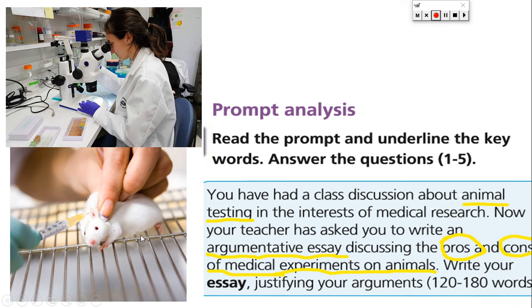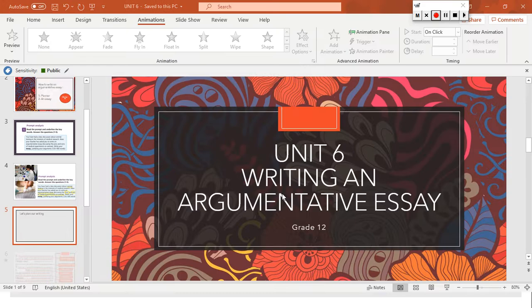As the picture shows, this is how to do experiments on animals for the medical research. Okay, so let's plan our writing. This is the most important thing. We need to plan our writing so we will be able to write an essay.